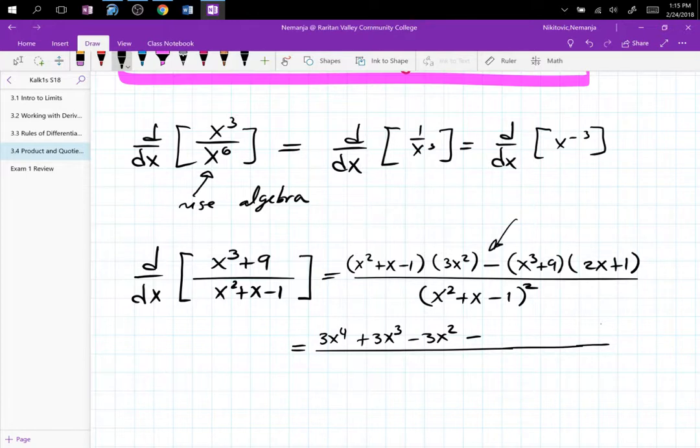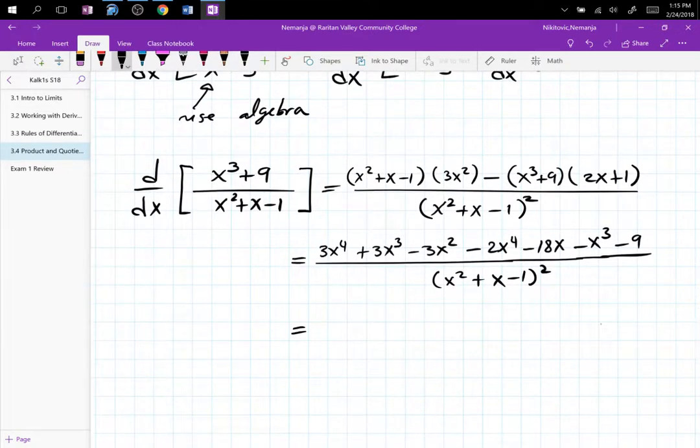Note the minus in front, so everything you get, you have to change the sign. So 2x to the 4th, plus 18x, so minus 18x. Plus x cubed, so minus x cubed. And plus 18x, plus 9, which is minus 9. There we go. Divided by the same x squared plus x minus 1, squared.